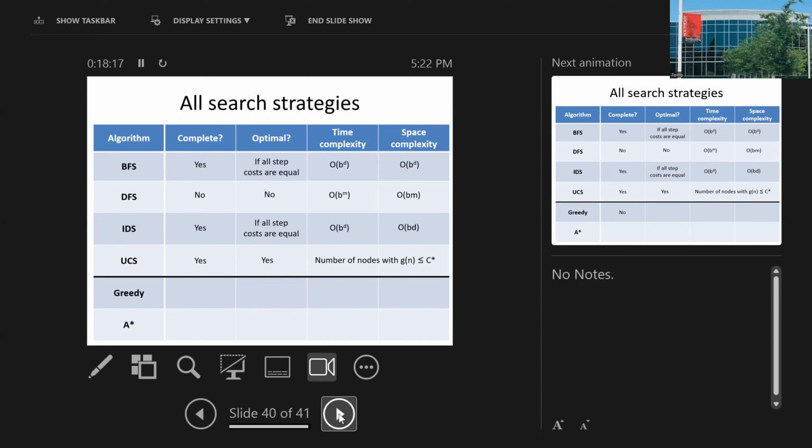So informed search is what? You know some kind of information on those things. Basically, here we have evaluation function, and here we don't have any evaluation.